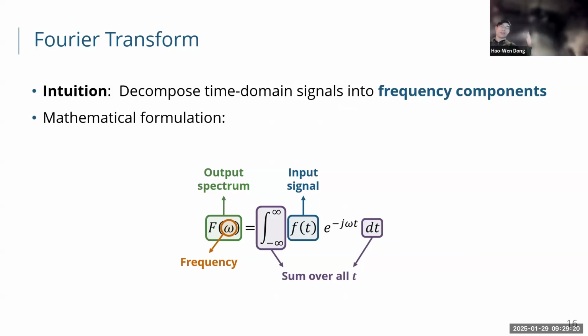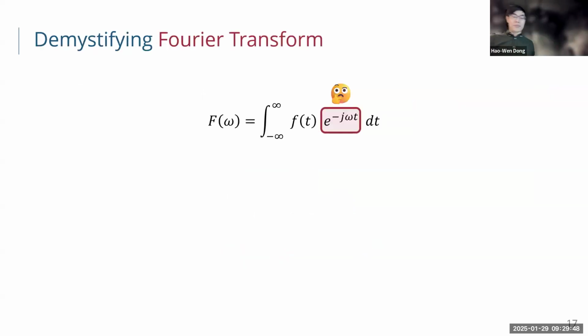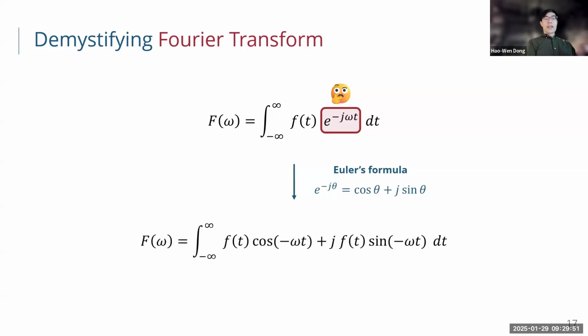But basically, the intuition is that it's doing a summation over t. An integral is just a fancy way of doing a summation: it divides the signal into infinite steps of tiny chunks and then sums them up. There's also a weird thing here, but we can try to demystify it. There's Euler's formula, which you can change into cosine plus j sine.